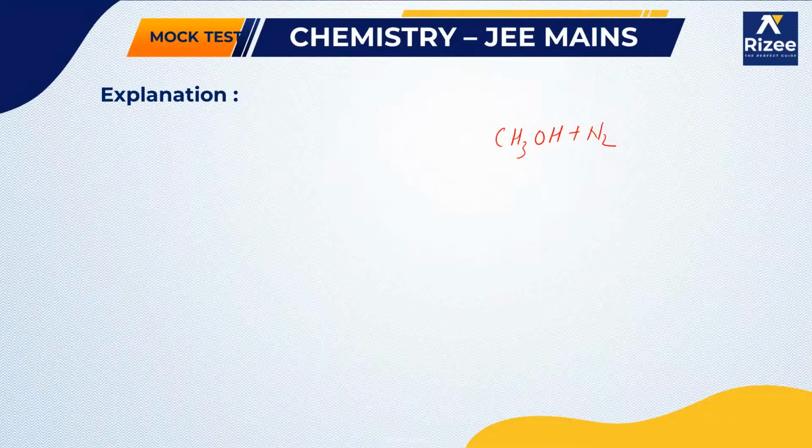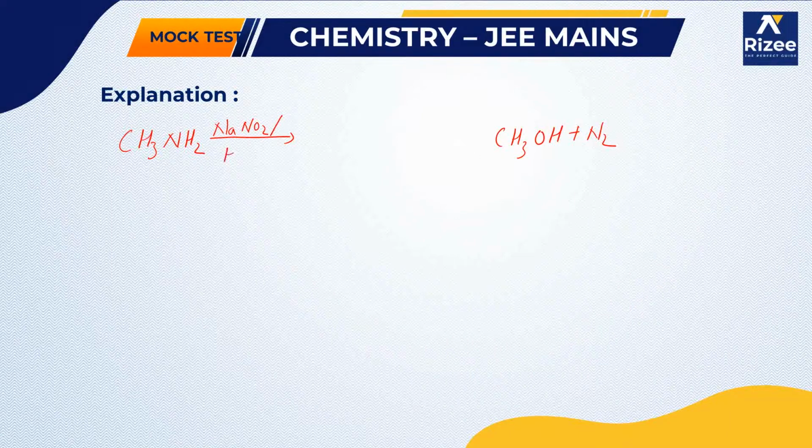Let us see how the reaction will take place. CH3NH2, methylamine, on reaction with NaNO2 in the presence of HCl undergoes a diazotization reaction. So, we will get CH3N2 plus Cl minus.